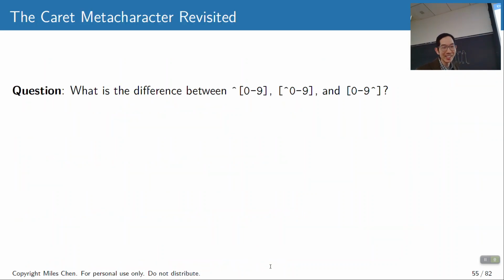Okay, all right, what's the difference between caret square bracket 0-9, square bracket caret 0-9, and square bracket 0-9 caret? This is one of those things where the caret, depending on its position, means different things.